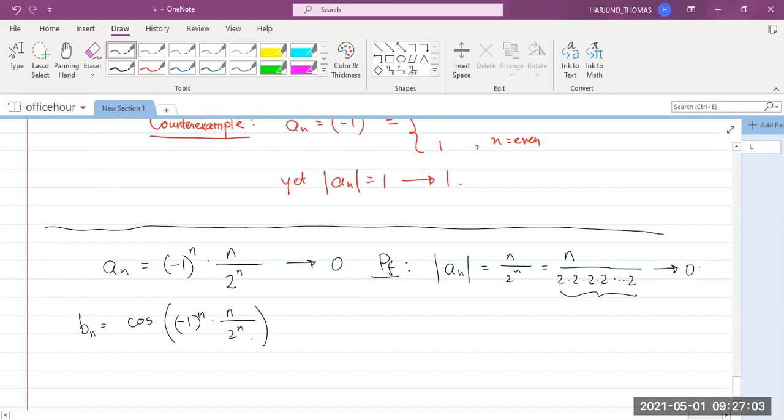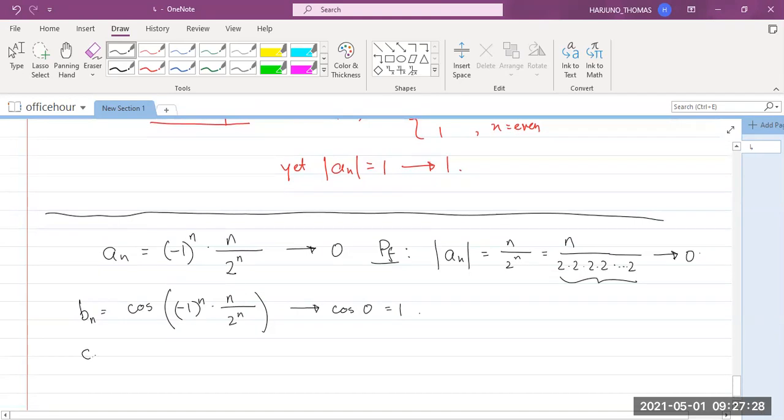What will that converge to? Well, the proof is that the absolute value of n over 2^n converges to 0, so wouldn't it be 1? Yeah, then this will converge to cosine 0, right? Which is 1.